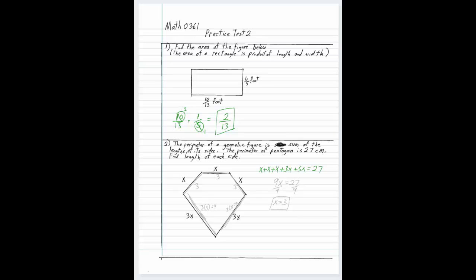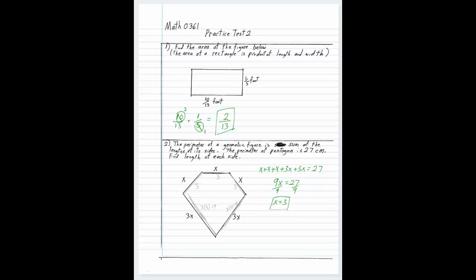Let's see, 1x plus 1x is 2x, plus 1x is 3x, 3x plus 3x is 6x, 6x plus 3x is 9x. This gives us 9x equals 27. And if we divide by 9 to get x alone, I see that x equals 3.